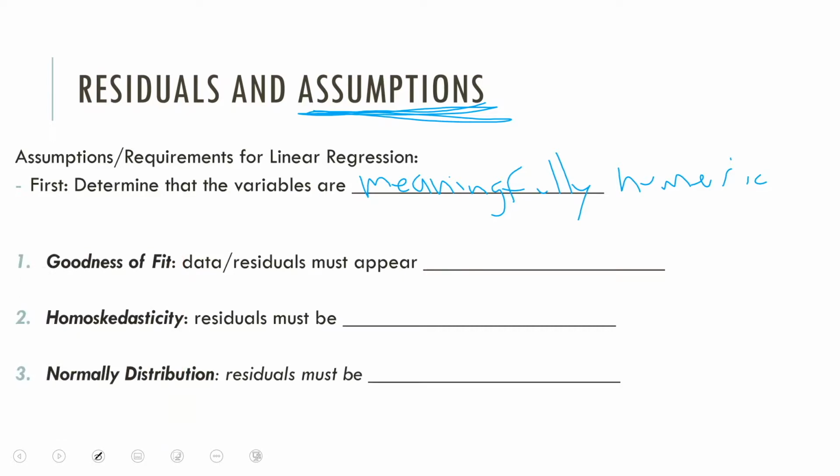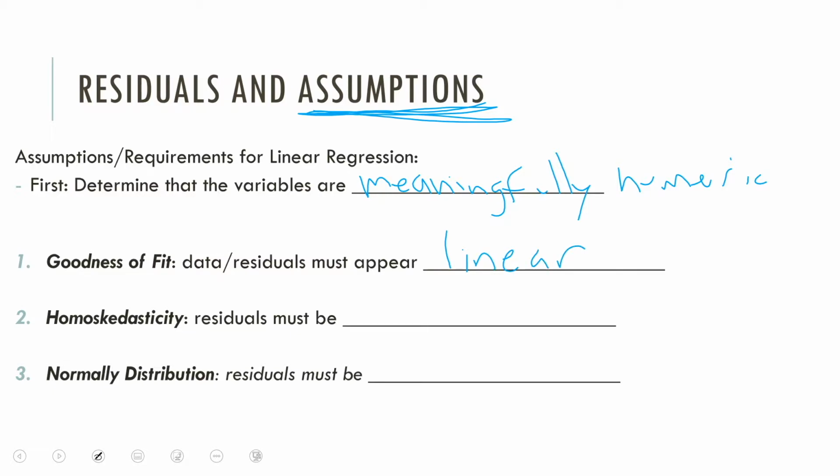Then we have 3 other assumptions, and these are the 3 main assumptions. We have this idea of goodness of fit, where the data and the residuals must appear linear. What do we mean by that? I'll show you in a second.